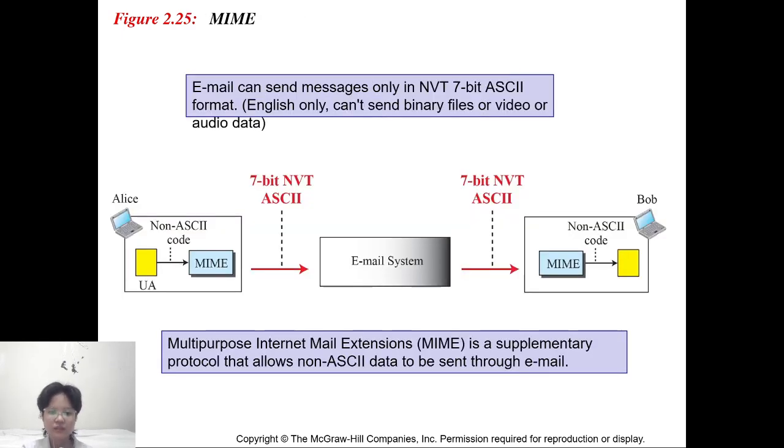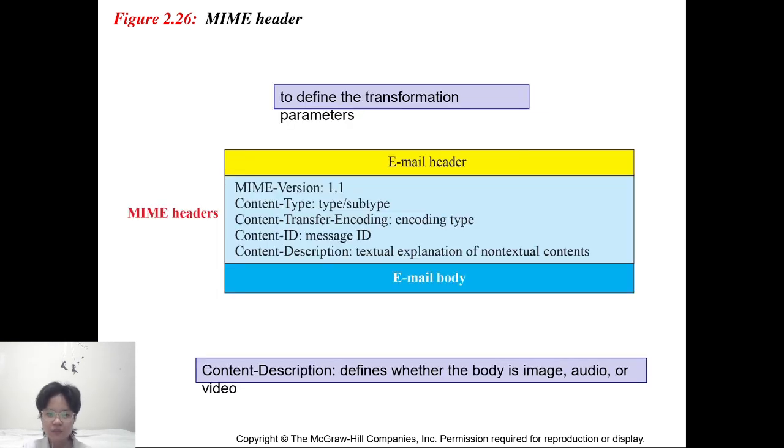Multipurpose Internet Mail Extension, MIME, is a supplementary protocol that allows non-ASCII data to be sent through email. For picture 2.26 MIME header, you can see detail of this header.